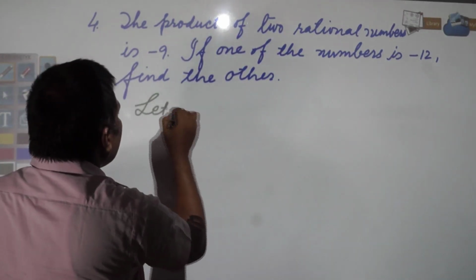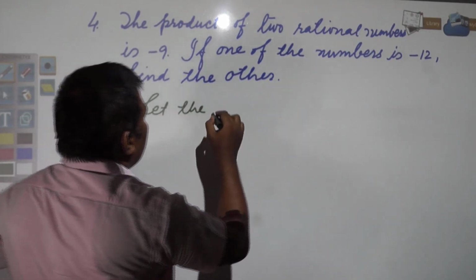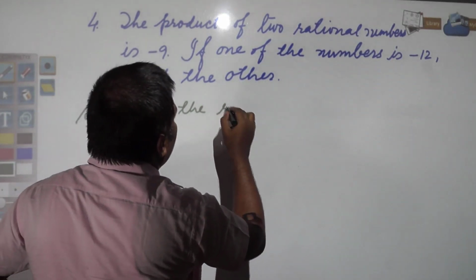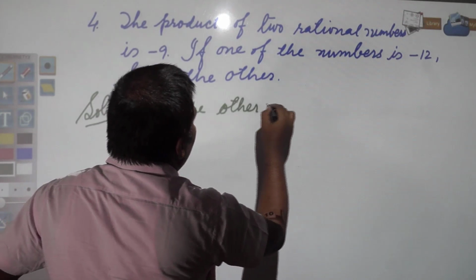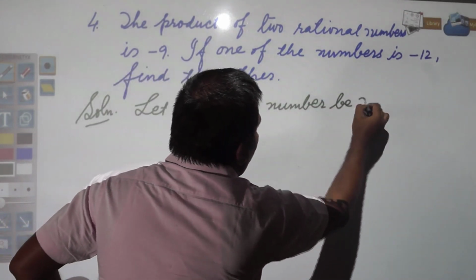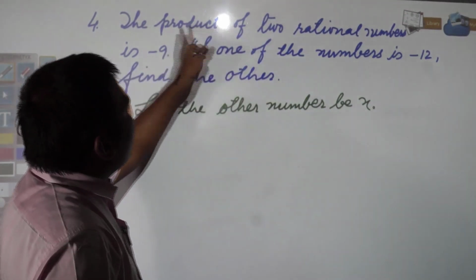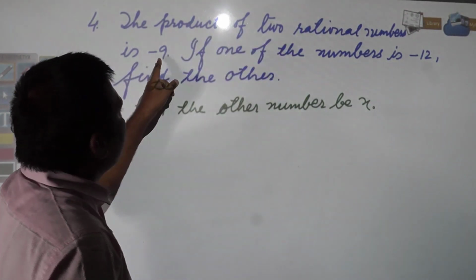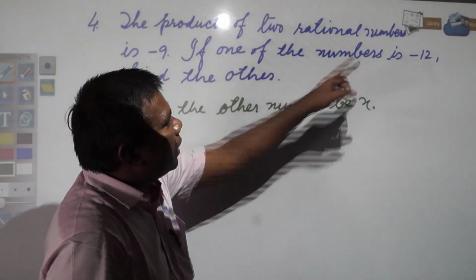Let the other number be x. The product of two rational numbers is minus 9 if one of the numbers is minus 12.